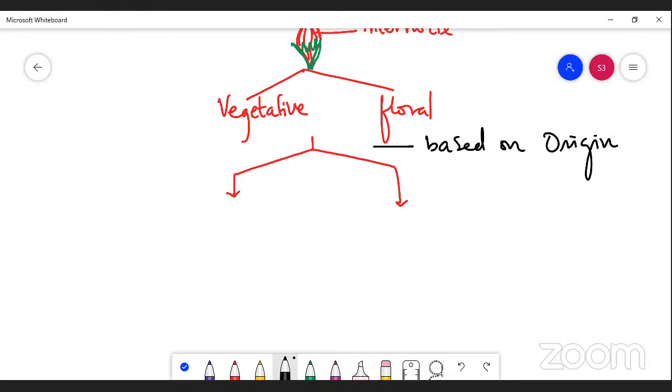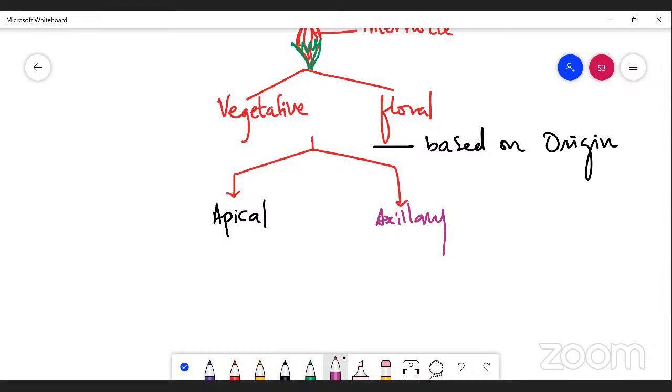Buds are divided into two types based on origin. They are apical buds and axillary buds. I repeat once again, buds are divided into two types based on origin.